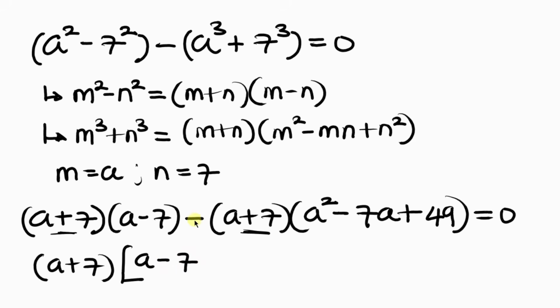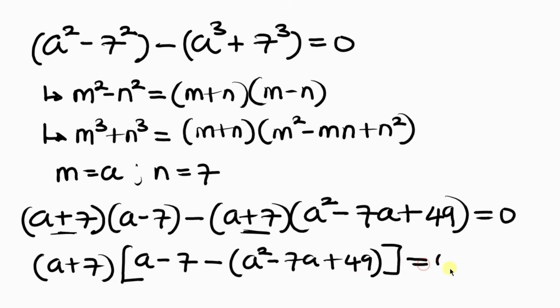Good. Then we have minus. Now, remember that this is already factored out, so what will be left is this, which is a squared minus 7a plus 49. Good. Now, close your square bracket, and this is equal to 0.